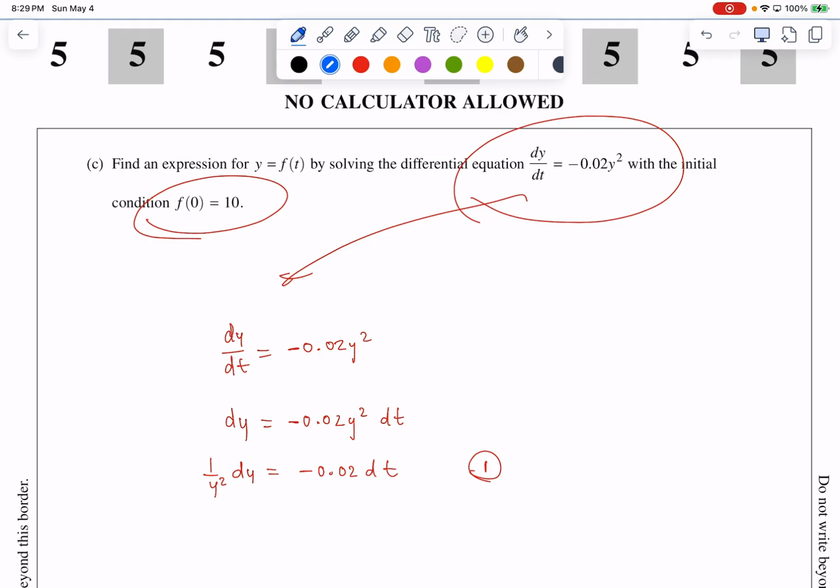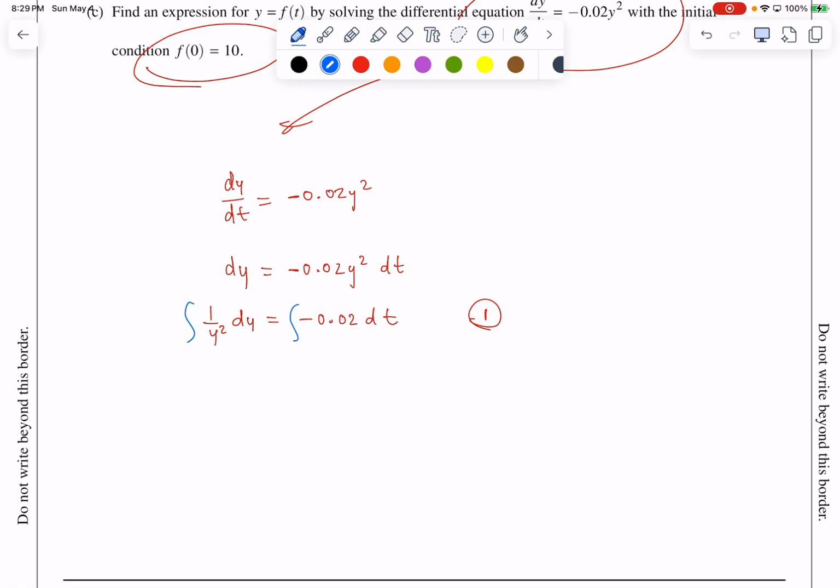Integrate. And you're going to get 1 point for doing the antiderivatives correctly. I would go ahead and make that y to the negative 2 so I can use the simple power rule. And then the other side is just a constant, so that'll be easy. So somebody tell me, first of all, what's the antiderivative of y to the negative 2? What's the rule in reverse? Add one back, and divide by the new exponent.